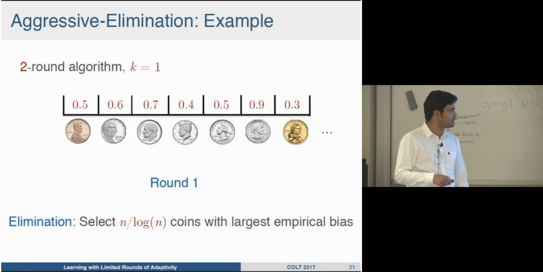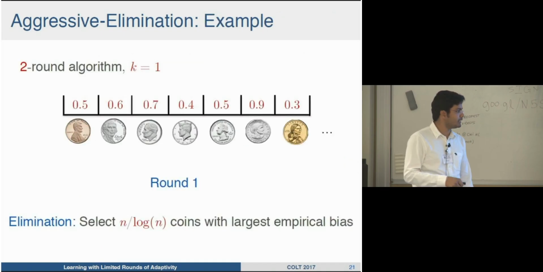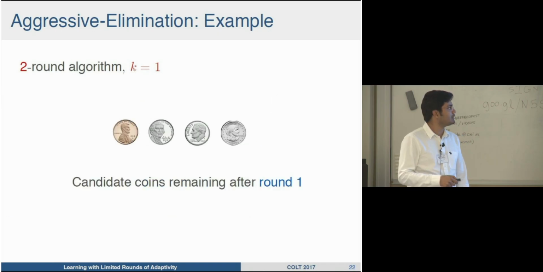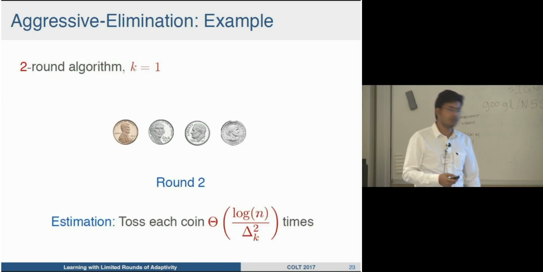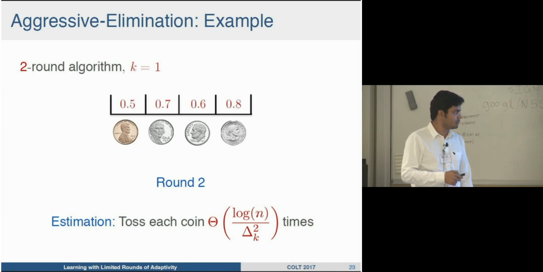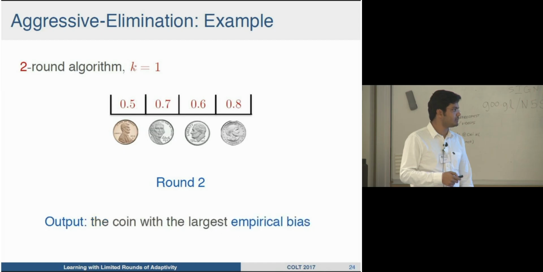So in the elimination phase, we throw out everything and select the n over log n coins with the largest empirical bias. Let's say these are the coins. Now in the second round, we have very few coins, so we can spend log n over delta k squared on these coins, and again use concentration inequalities to output the coin with the largest empirical bias.